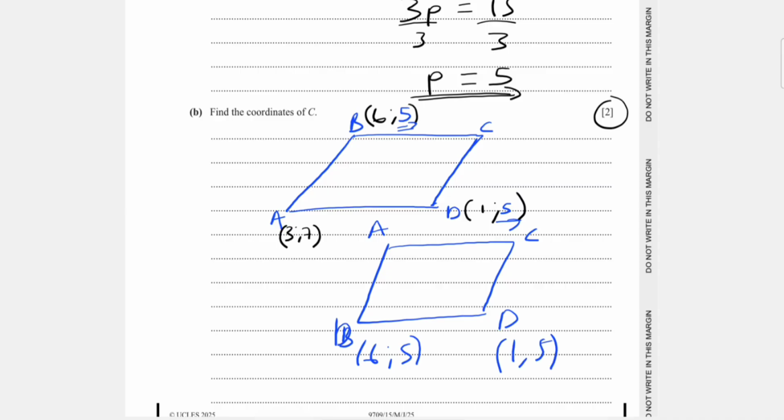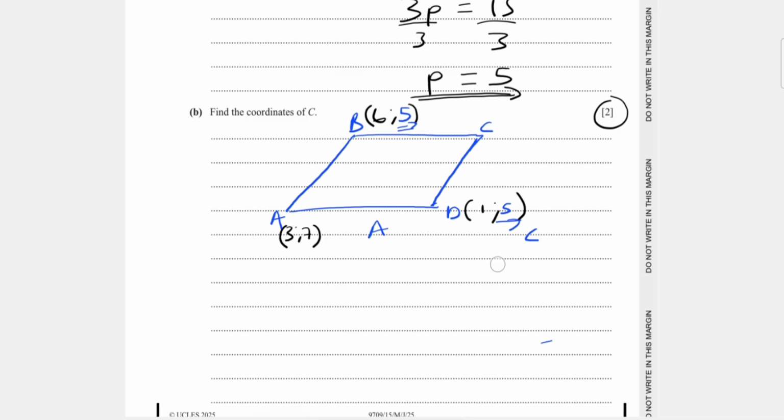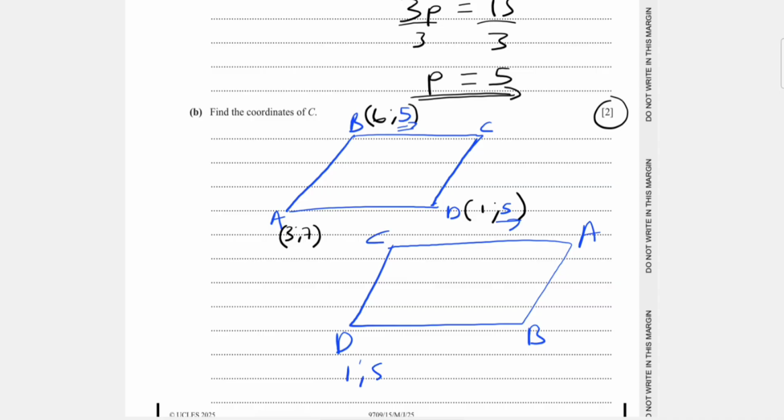Let me redraw this. If D is here, B is here, and A like that. So now this is (1, 5), this is (6, 5). They have the same y coordinate, so it is a horizontal line, and our A is (3, 7).